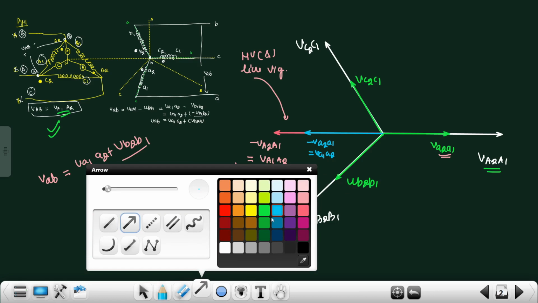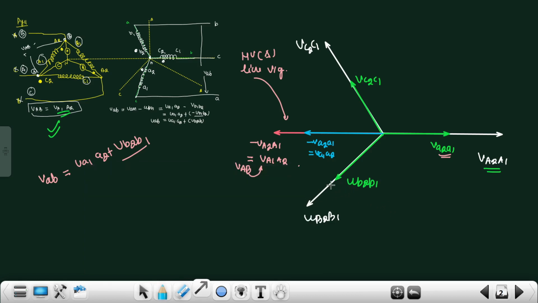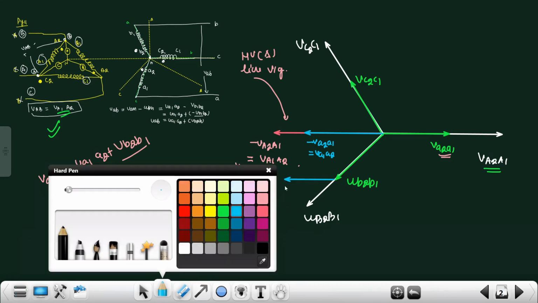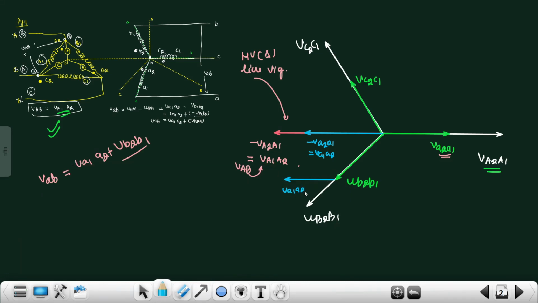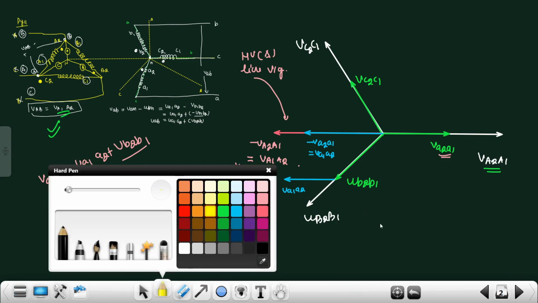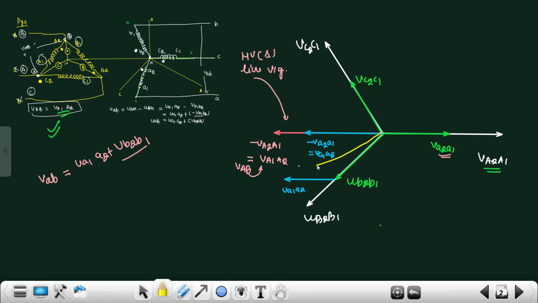So I am adding this VA1A2 to this. VB2B1 plus VA1A2 will be what? VAB of the LV side.